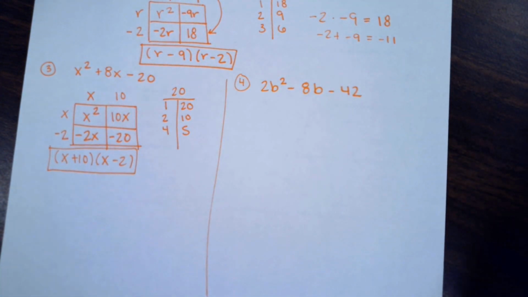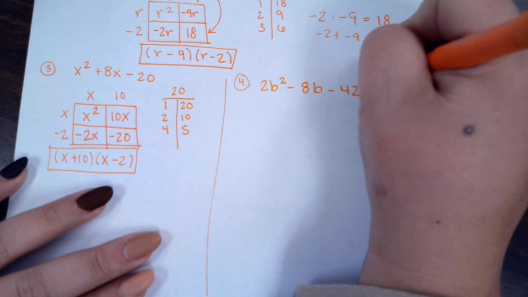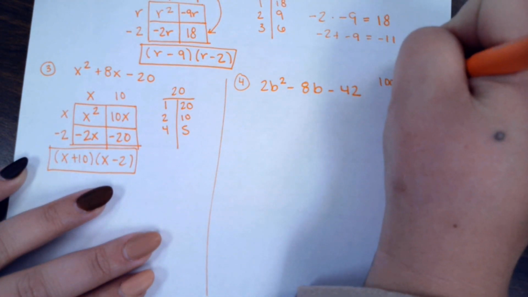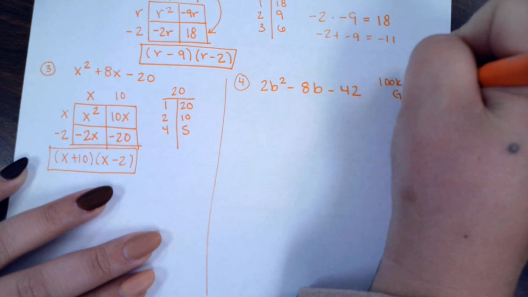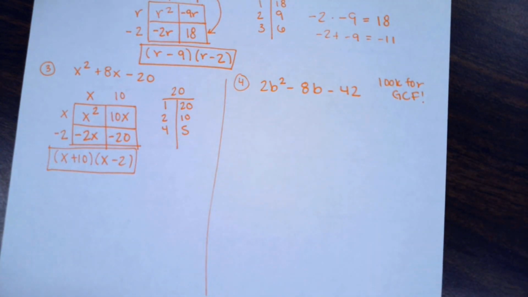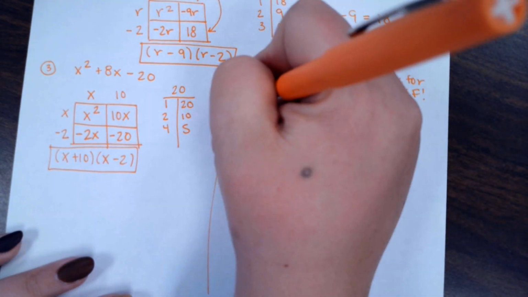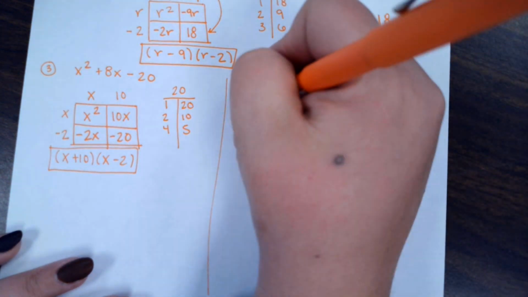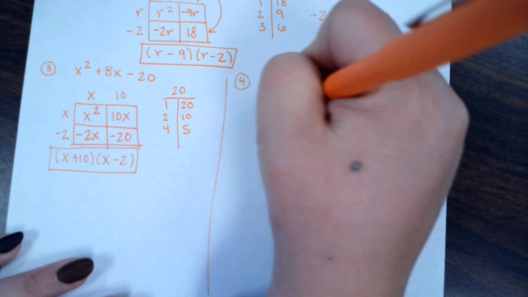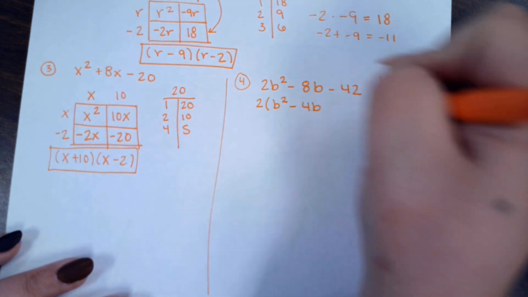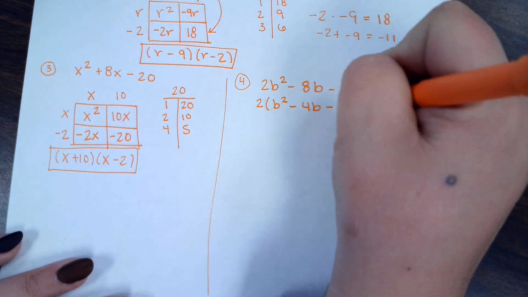The first thing that you want to do when your a is not 1 is look for the greatest common factor. Always factor that out first. It will make it way easier to factor. So here our GCF happens to be 2. Awesome. Let's factor it out. 2. So we'll be left with b squared minus 4b minus 21.